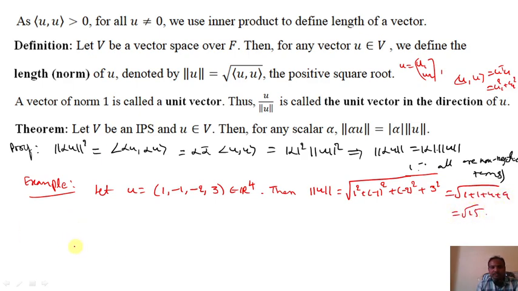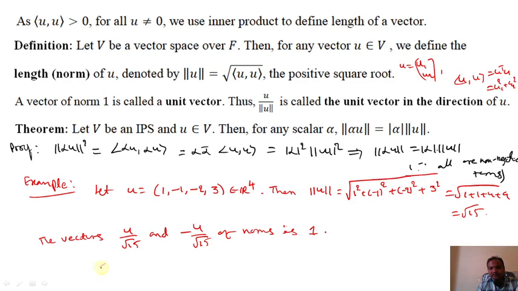And so on. Now observe here, the vectors u over root 15 and minus u over root 15, their norms are 1. These two vectors have length 1. Take u by norm u or minus u, if you multiply this one also, you get the same length. That unit vector's norm is 1. Both are unit vectors.